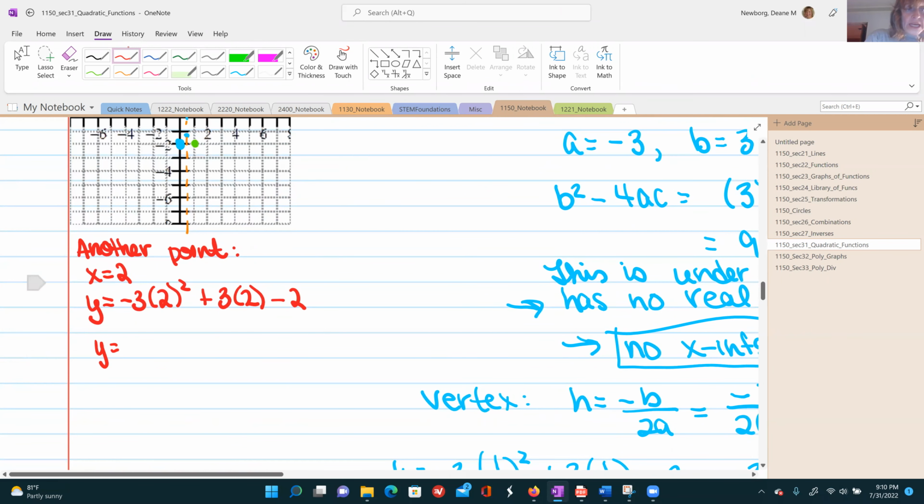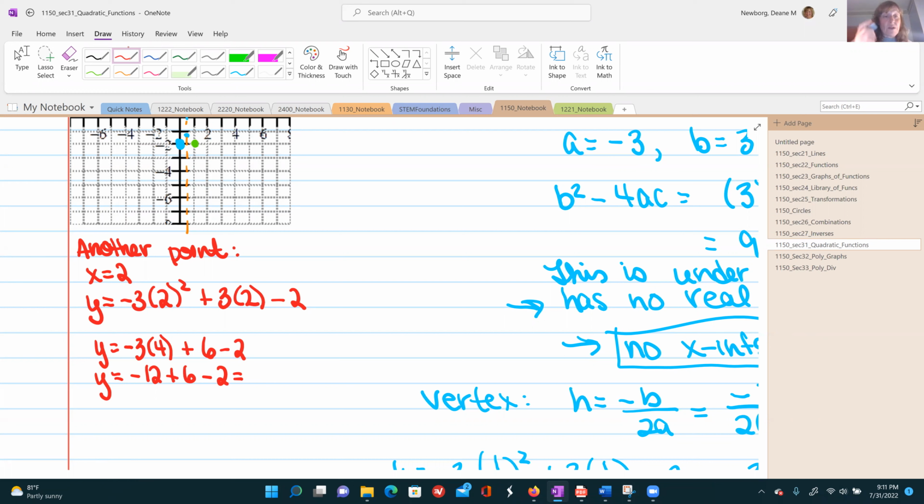So I have -3 times 4 plus 3 times 2, which is 6. -3 times 4 is -12, plus 6 minus 2. So -12 plus 6 is -6, minus 2 is -8. So the other point is (2, -8).